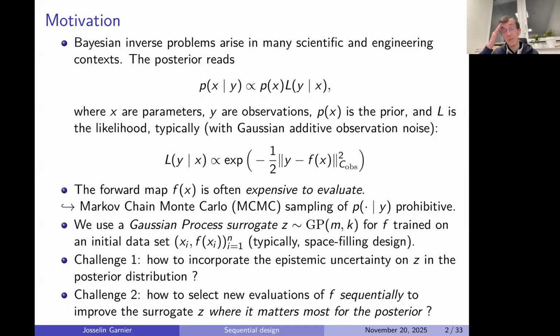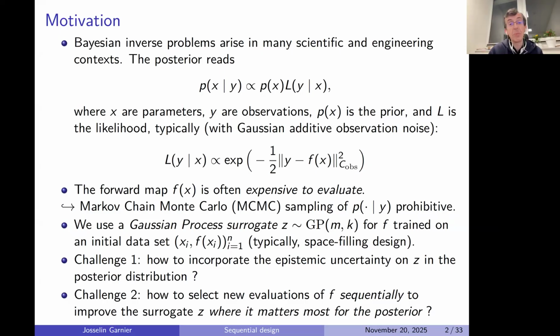We will see that this one is not difficult if you choose a Gaussian process surrogate model, because this class of surrogate models is very efficient at encapsulating its own predictive uncertainties. So we will be able, in this setting, to incorporate the epistemic uncertainty of the metamodel. We train a Gaussian process surrogate model with some data set, let's say n pairs of inputs and outputs.